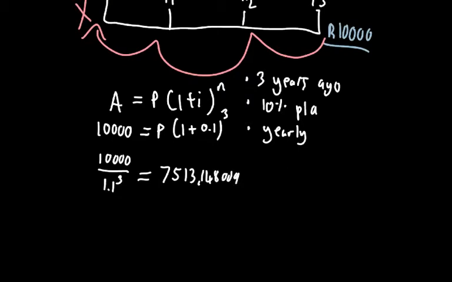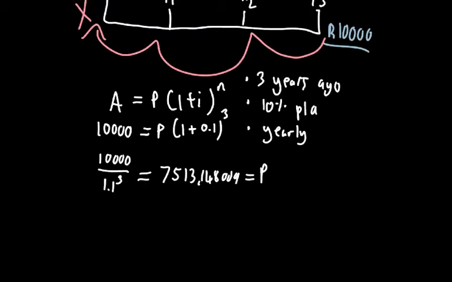Now in practice we would round that off. But essentially that is the P value by itself, and so 10,000 Rand 3 years from now, given the above conditions, is actually only worth 7,513 Rand and 15 cents if we round off today.